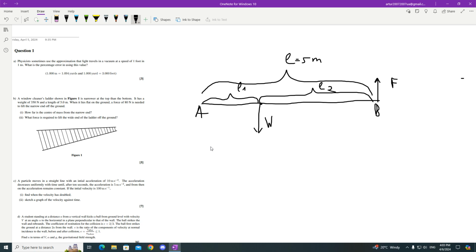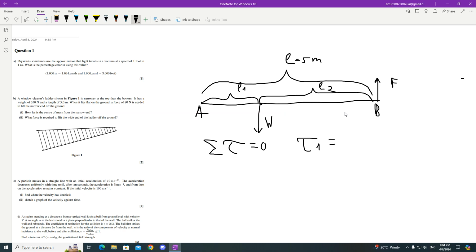Let's use the equation of net torque, because there is no angular acceleration, and we can model the situation as rotation of a rigid body. Let's assume the axis of rotation in this case is A. Then net torque is equal to 0. Torque 1 is from the weight, because there are only two forces, and they act against each other.